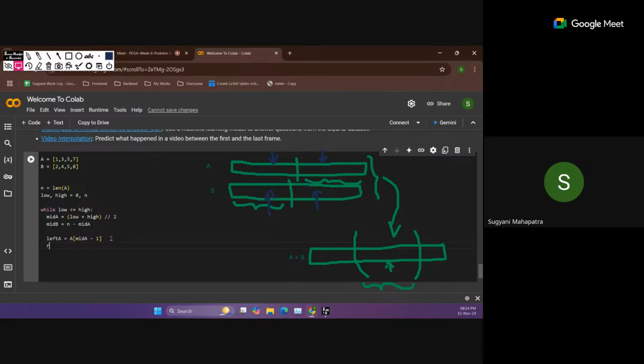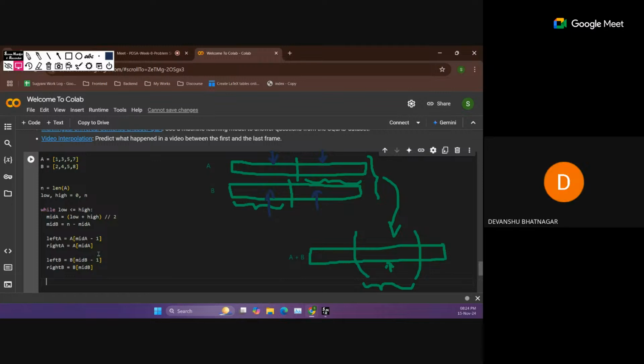That is fine, right? My right of A will be equal to A of middle of A. This is clear? Yes. Similarly, we take left of B is equal to B of middle of B minus 1, and right of B is equal to B of middle of B. This is clear?